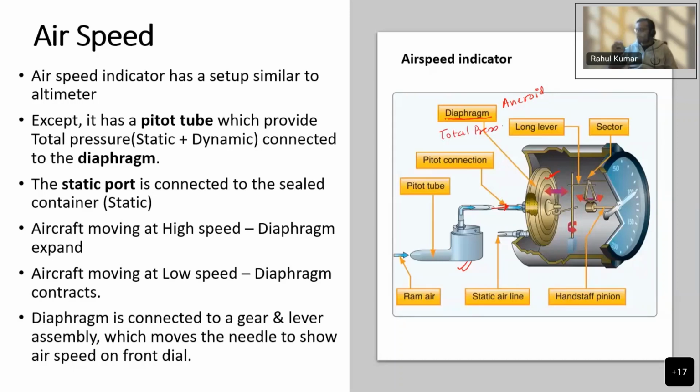And then you will have a static port, which will be connected to this sealed container. So there you go, this is the static port, and it is connected to your sealed container.